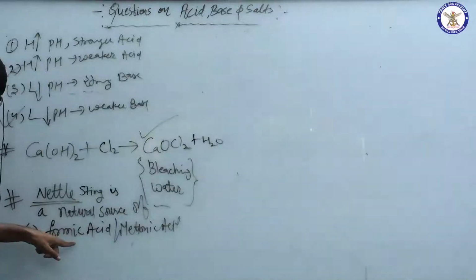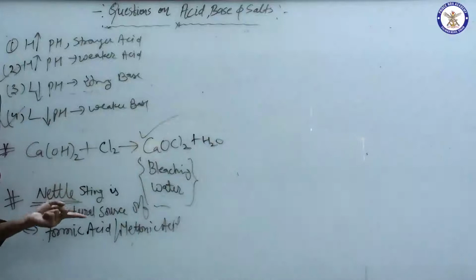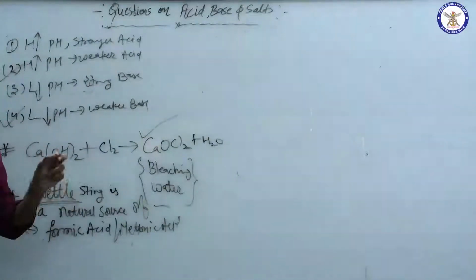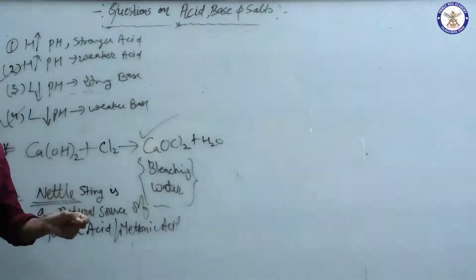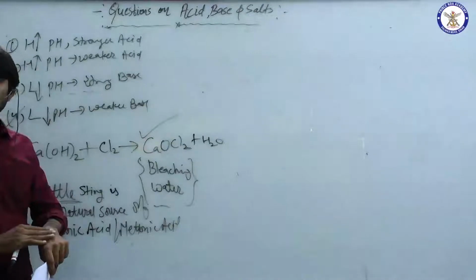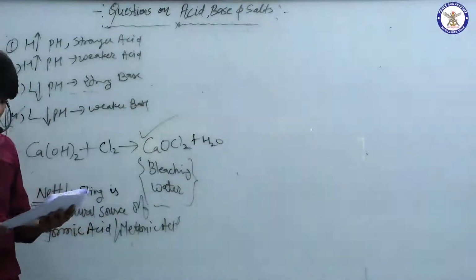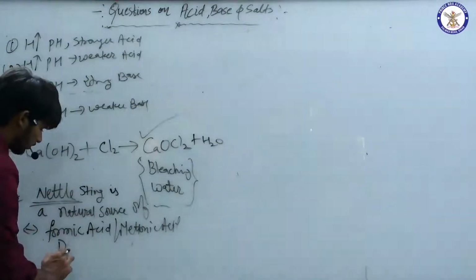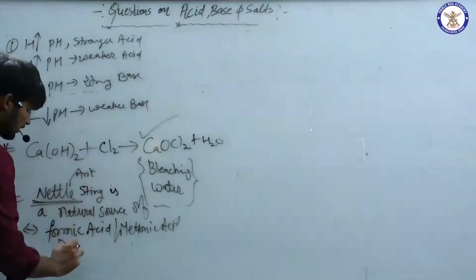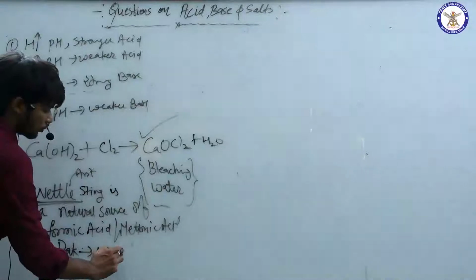To neutralize it, there is another plant near to this, the dock plant. Rub the leaves of that plant on the skin where you got the nettle sting, and you will feel okay. So nettle sting is like the ant, and the dock plant is like moist baking soda.